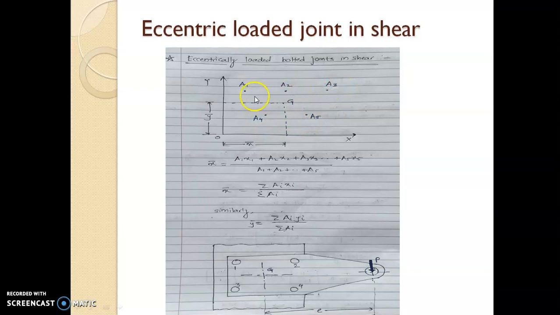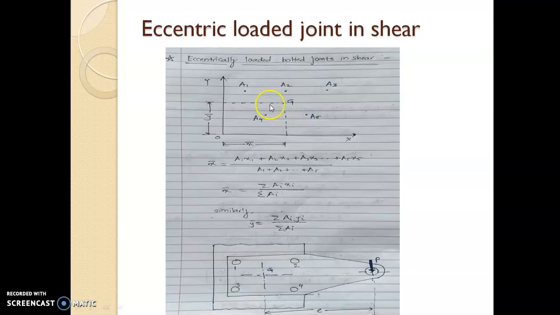These 5 bolts are placed, and the CG of these 5 bolts, that means the centroid, is in between these. This is the centroid designated by capital G. The centroid is a term used in graphical representation, which is similar to center of gravity in dynamic representation.